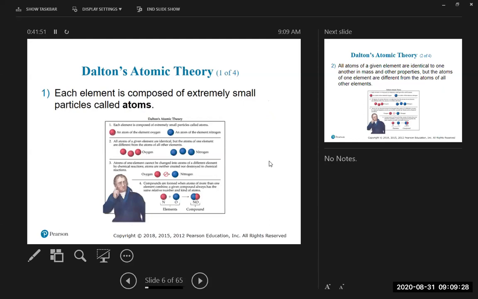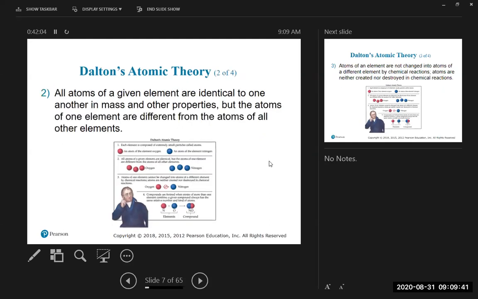So his theory says that each element is composed of extremely small particles called atoms. It also says that all atoms of a given element are identical to each other in mass and other properties. But atoms from one element to another, there are differences.